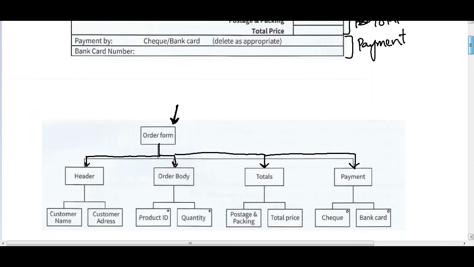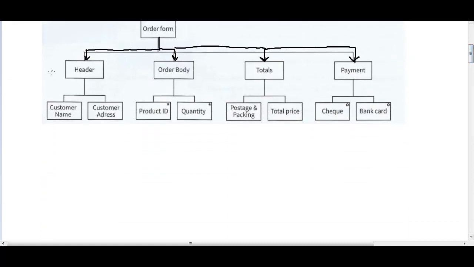And if we go down here, we can see that he has further refined the header and he has indicated what kind of data we are going to be collecting. We're going to be collecting data related to a customer in this section, and we're going to be collecting the customer name first, and then we are going to be collecting the customer address.